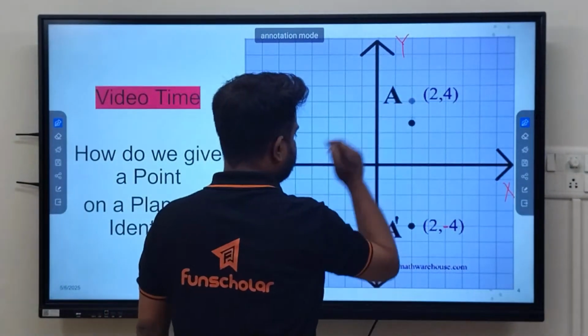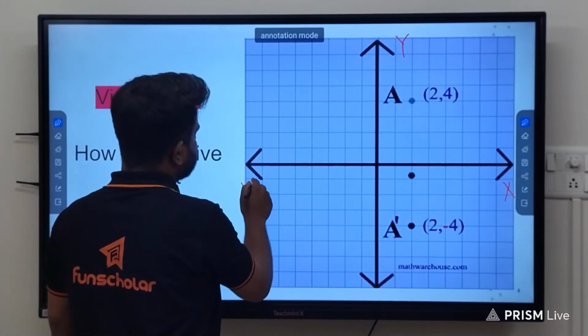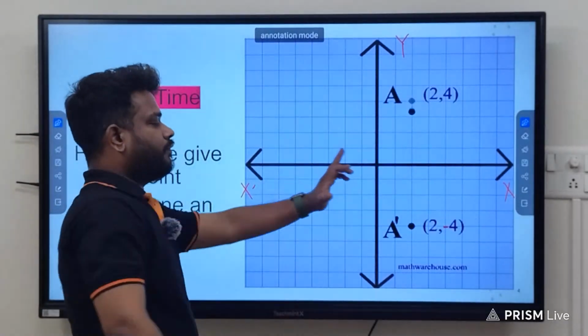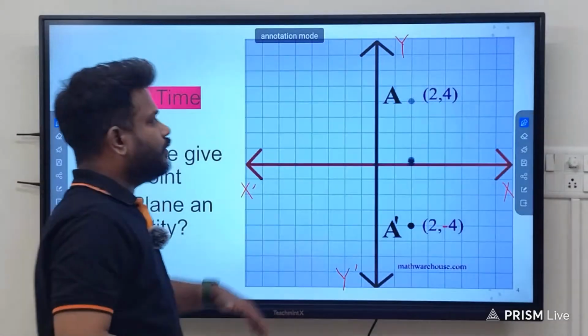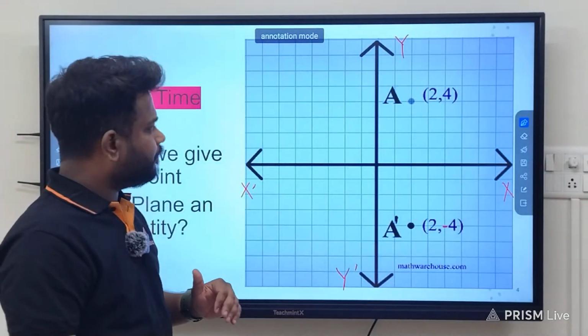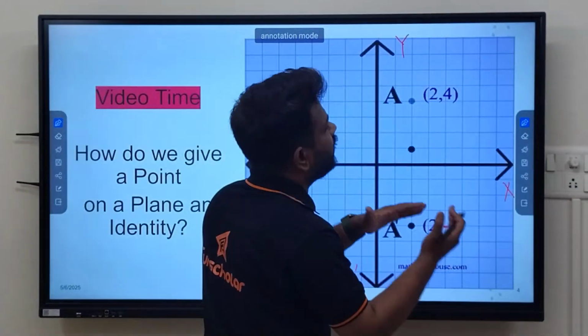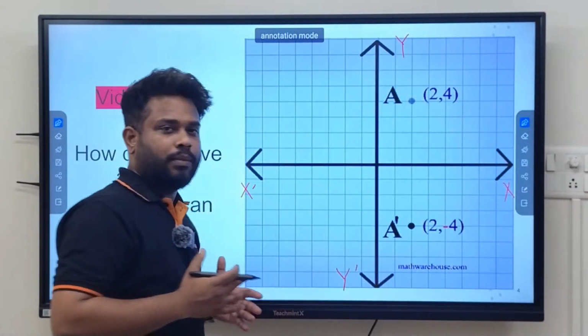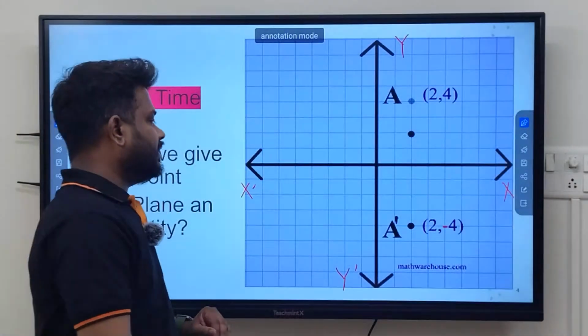This one is positive and this side will be negative, and similarly x dash will be the negative side of the x-axis and y dash will be the negative side of the y-axis. We will also learn how we discuss the plus and minus, the positive side or the negative side, in upcoming slides.